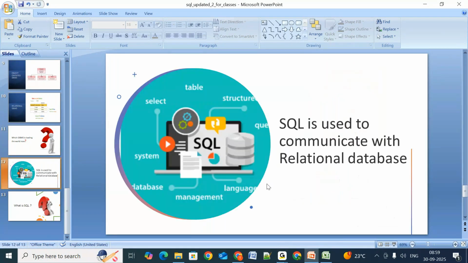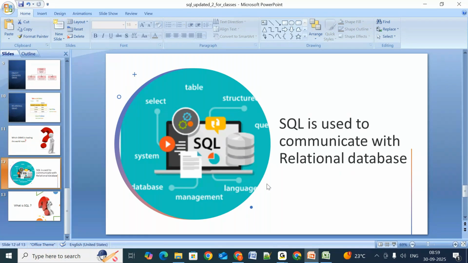Now see, SQL is used to communicate with a relational database. Did I mention anywhere that SQL is used to talk to data? Yes, I mentioned it, don't tell me no. SQL is used to talk with the data. But what kind of data, what kind of database? If we have data, it should be stored somewhere, in some database.